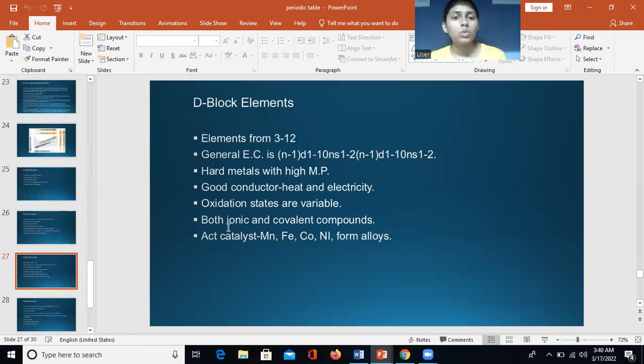They are good conductors of heat and electricity, and the oxidation states are variable in d block elements. These d block elements have both ionic and covalent compounds, and they act as catalysts. Manganese, iron, cobalt, and nickel form alloys.